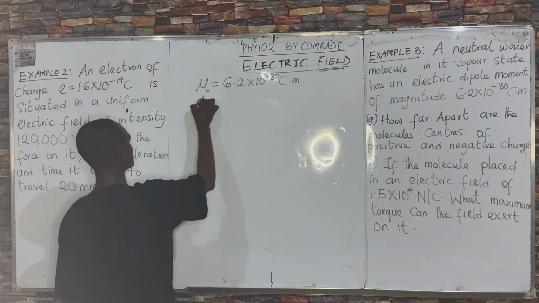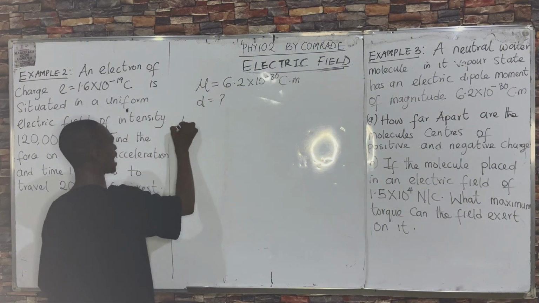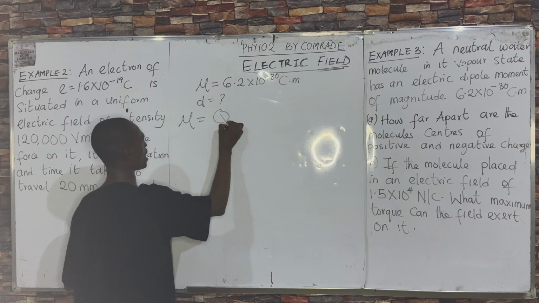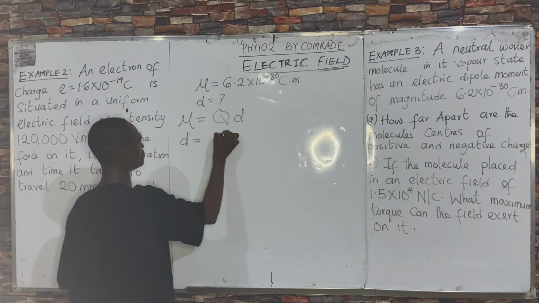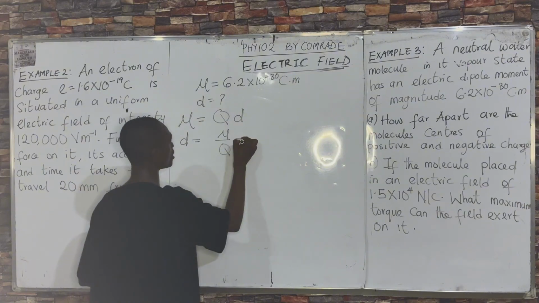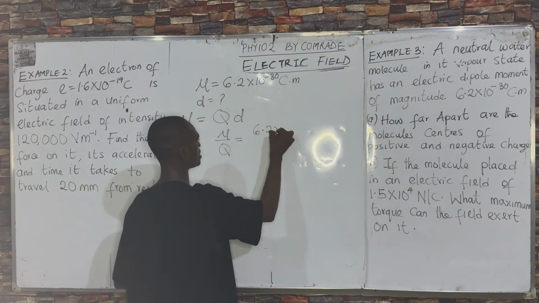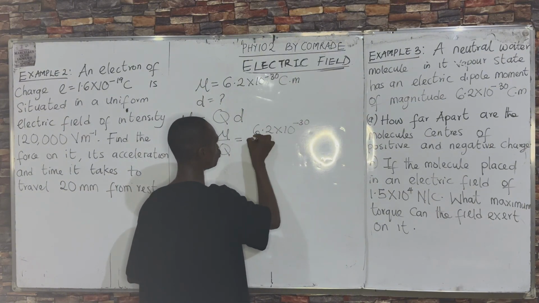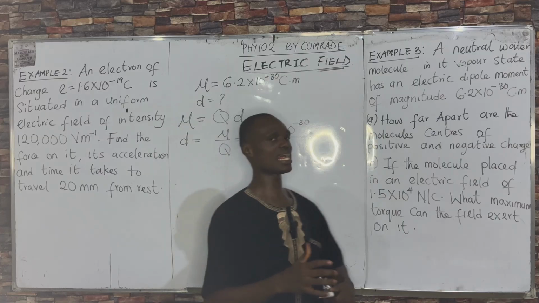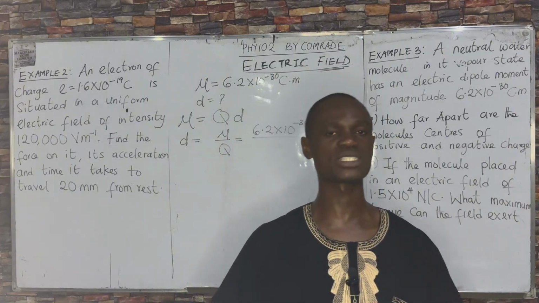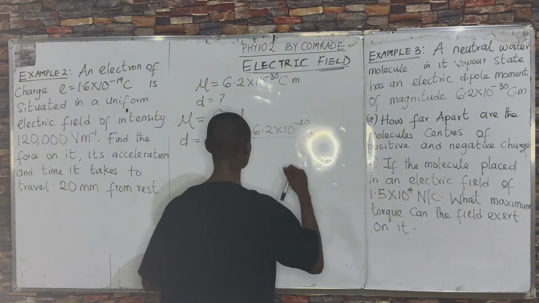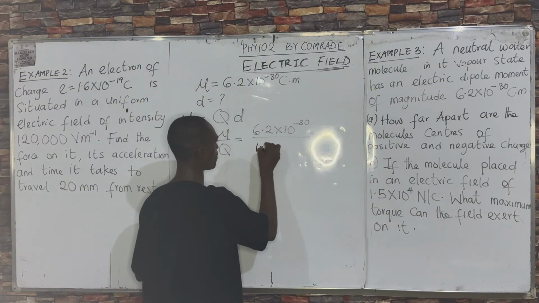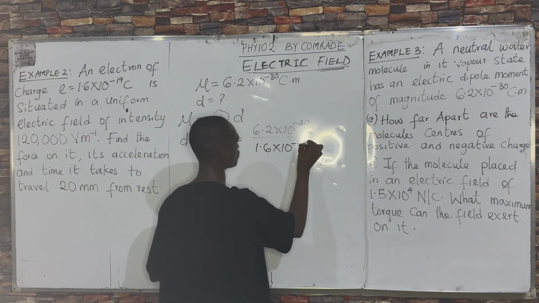That's D. Do not forget dipole moment. I told you it is the charge multiplied by the distance. So if I'm looking for distance, I have dipole moment over charge. And my dipole moment is this value. Don't forget that it is the electron that is responsible for dipole moment or charge. The charge of the electron is 1.6 times 10 raised to the power minus 19.